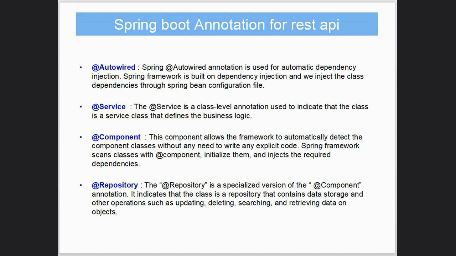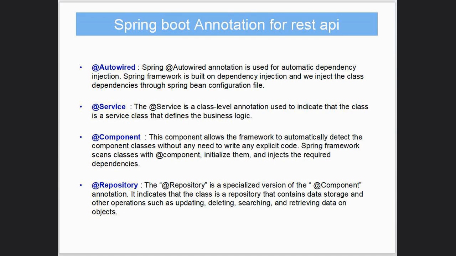Now move to the next annotation, that is the @Service annotation. The @Service annotation is a class level annotation used to indicate that the class is a service class that defines the business logic. Now move to the next annotation, @Component.